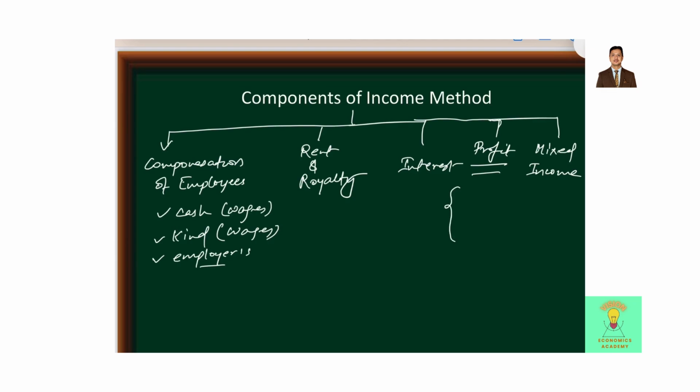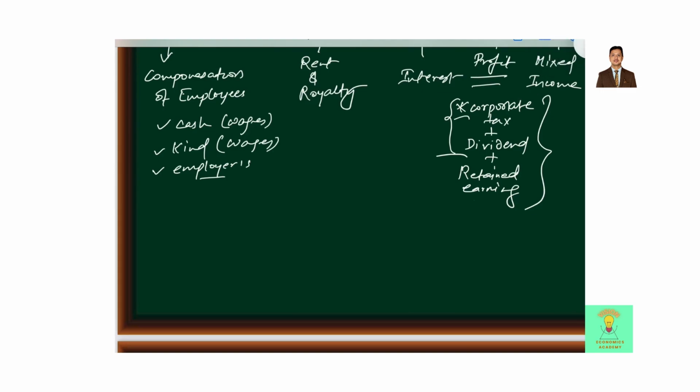So, in the question you might find words like corporate tax, dividend, then retained earnings. All these are part of profit only. Okay, if profit is not given, sometimes all these three are given, you add these. Sometimes only two are given, you add these two, whatever is available. Okay, all right.